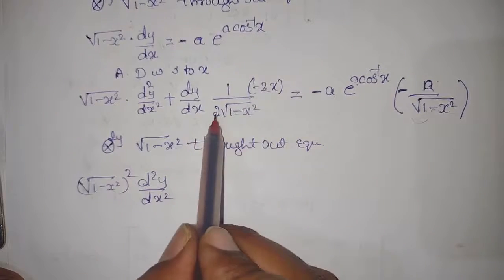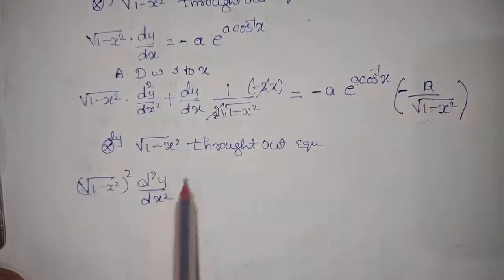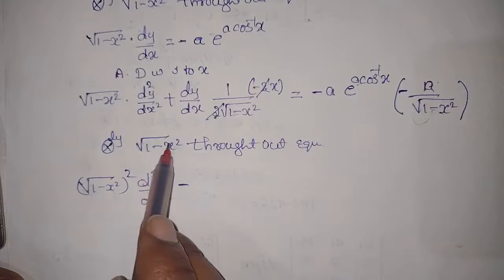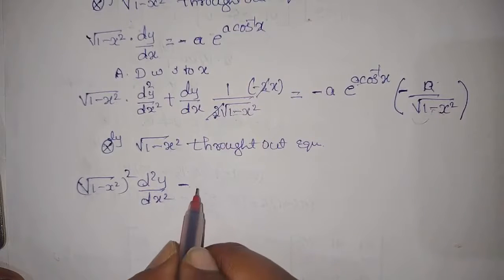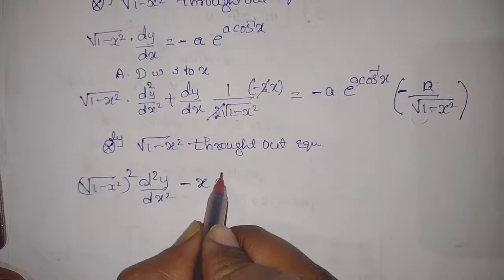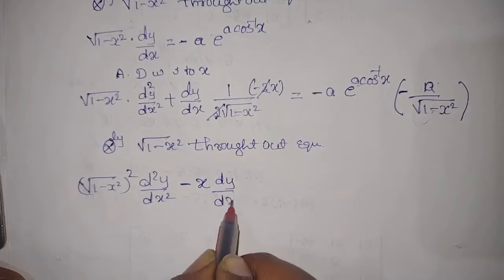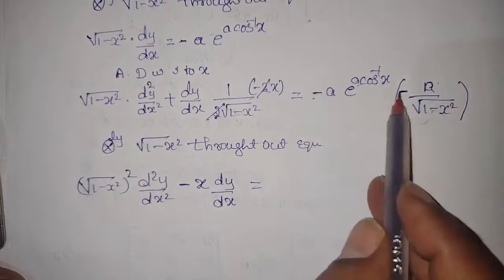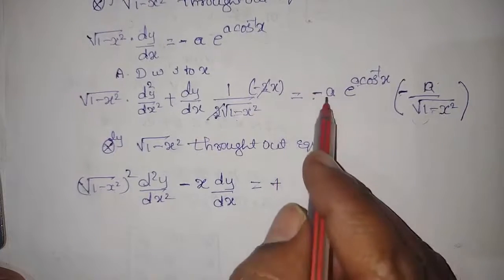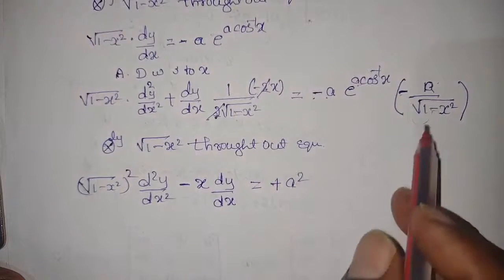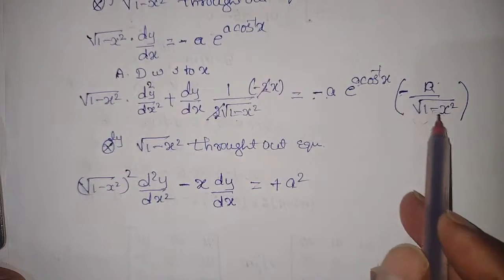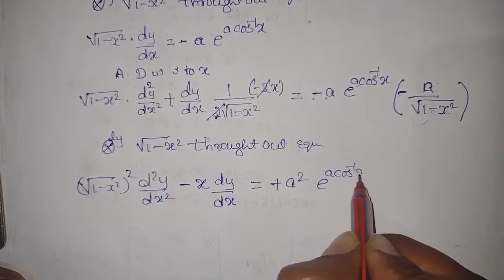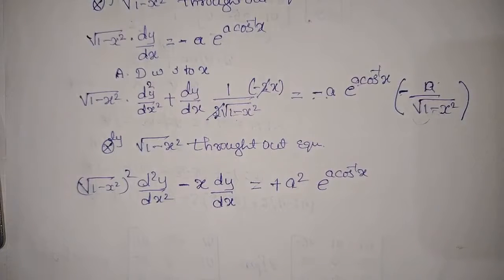Here the numerator and denominator get cancelled, so plus into minus is minus. Multiplying throughout the equation by root of 1 minus x square, the denominator and numerator cancel, and we get x into dy by dx is equal to, on the right hand side, minus into minus is plus, a into a square. Multiplying the right hand side by root of 1 minus x square, denominator and numerator cancelled, we will get e power a cos inverse of x. Clear students?